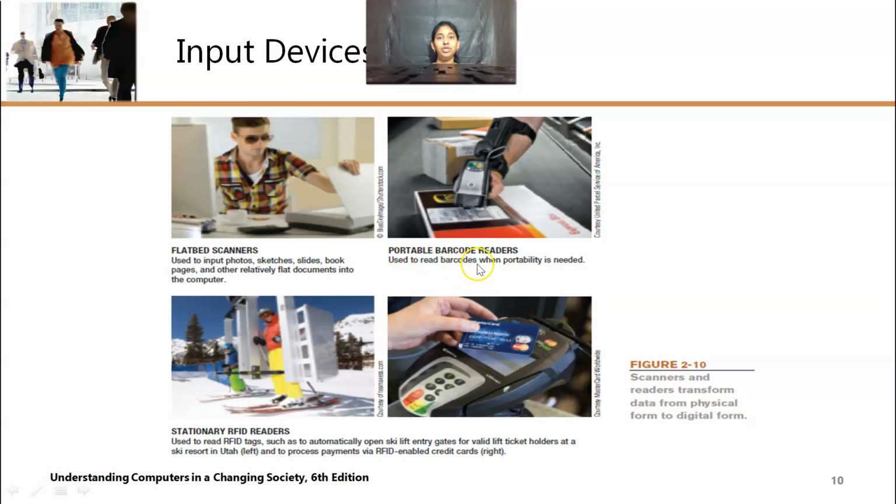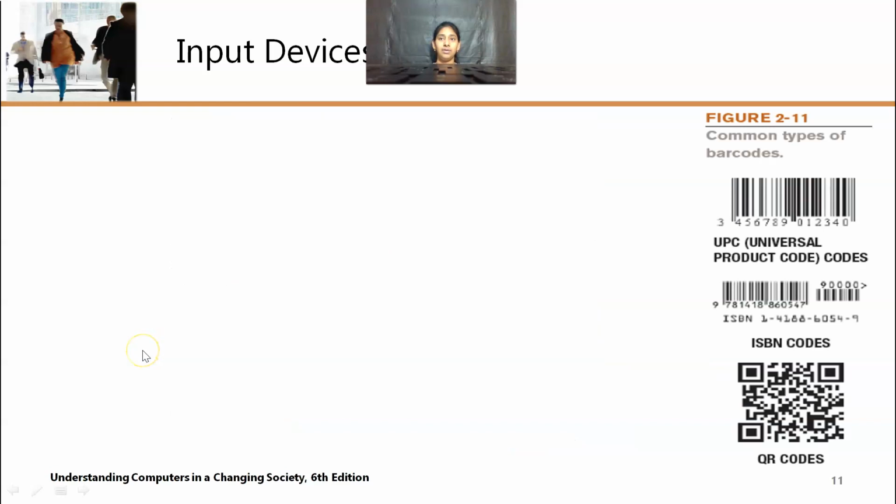And we have portable barcode readers. These are portable readers where you can read as you are moving the reader. And we have other readers, RFID readers. Let's discuss them in the next slide.